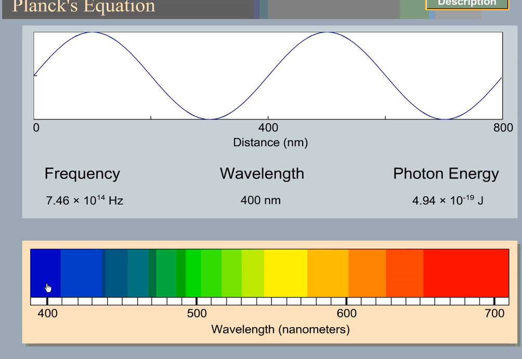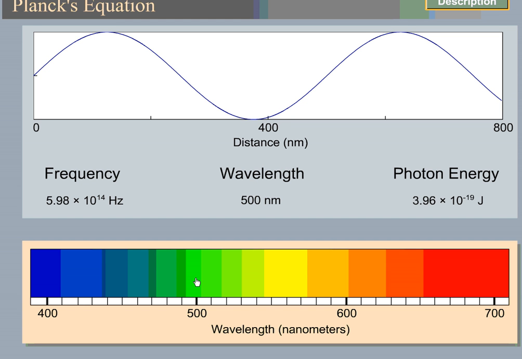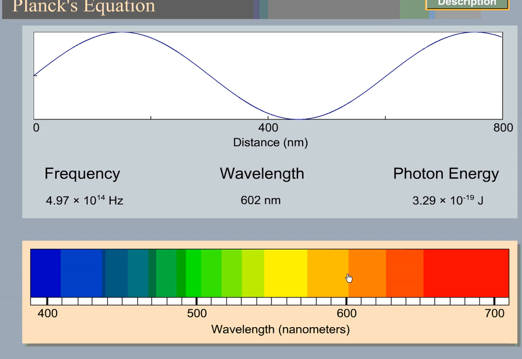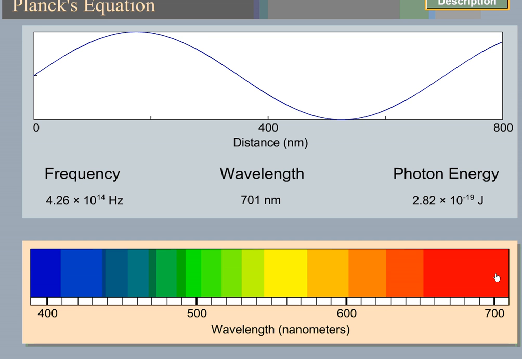If we go to a larger wavelength, around 500 nanometers, we end up with a lower frequency and a lower energy. At 600 nanometers, the frequency and energy get lower yet. So as the wavelength gets longer, the energy and the frequency both go down. Up in that red region, red is actually a very low energy photon in the visible region.